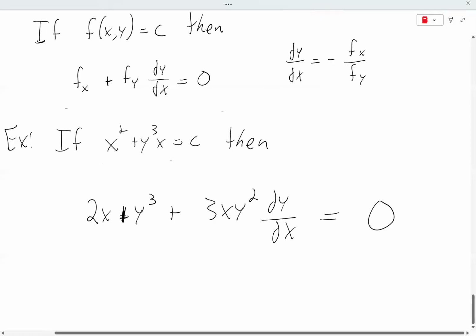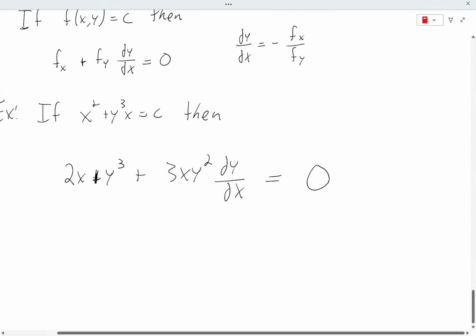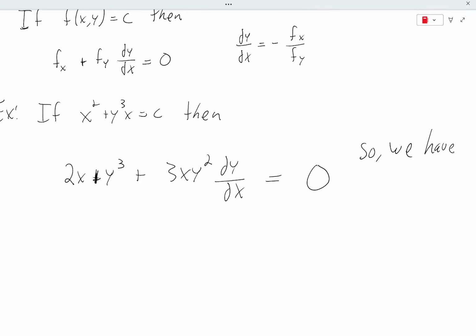Or in other words, now we're going to look at this backwards. If you're given a differential equation like this, this is the solution up here. So we're actually going to do the backwards problem here. So basically, I'll just say we have found an implicit solution to this ODE.